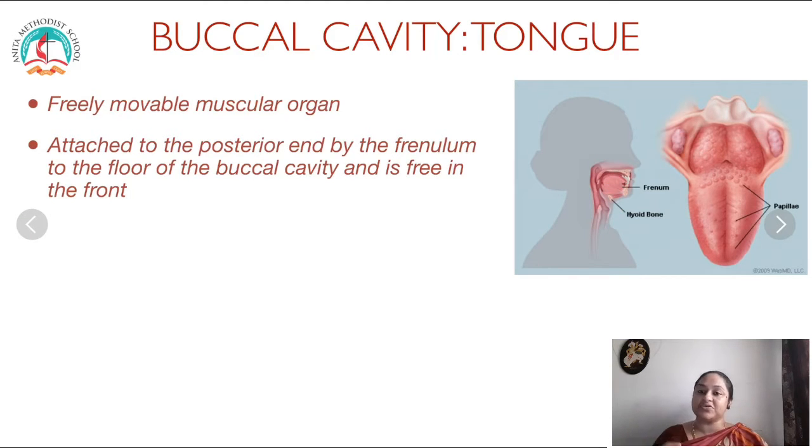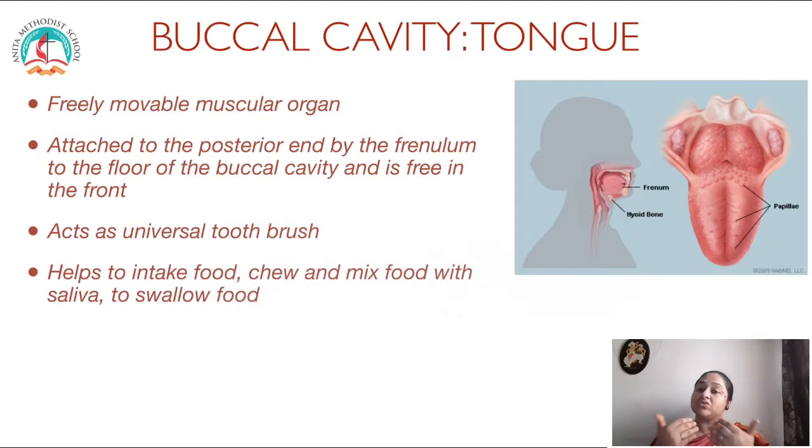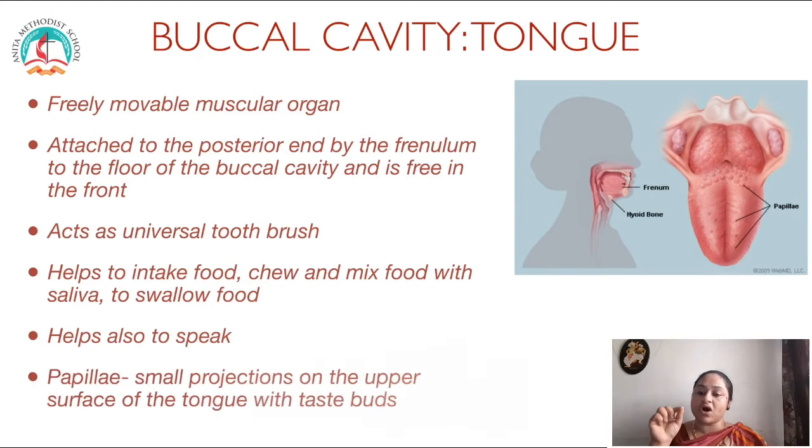It helps to intake food, chew and mix food with saliva and to swallow food, and it also helps us to speak. Papillae are the small projections on the upper surface of the tongue with the taste buds.